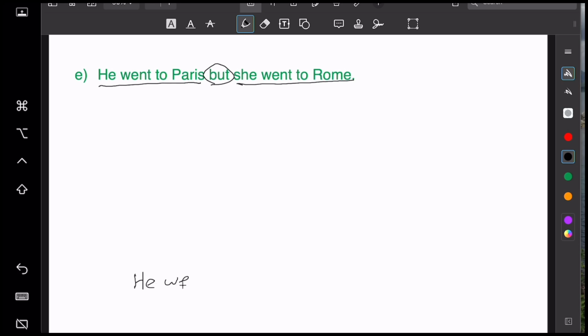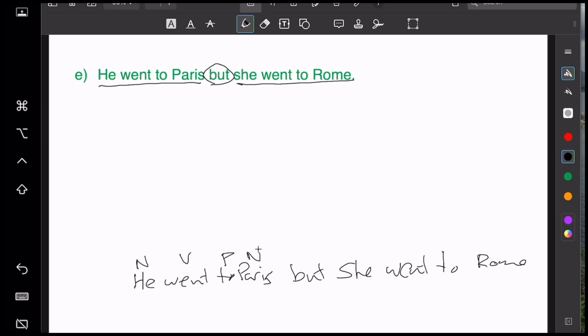So he went to Paris, but she went to Rome. The he is a noun, went is a verb, to is a preposition, Paris is a noun, but is a conjunction, she is a noun, went is a verb, to is a preposition, and Rome is a noun.